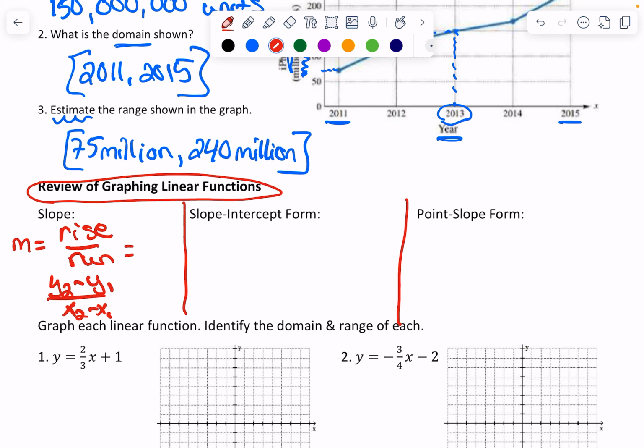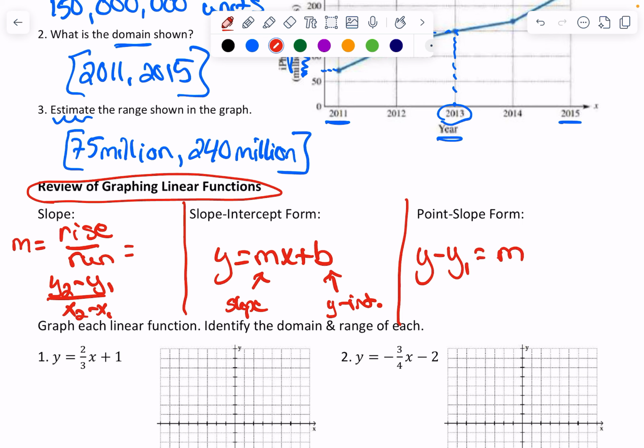Slope-intercept form is y equals mx plus b. And again, m is the slope, b is the y-intercept. And then our point slope form, so if we're given a point and a slope, it is y minus y1 equals m, the slope, times x minus x1.